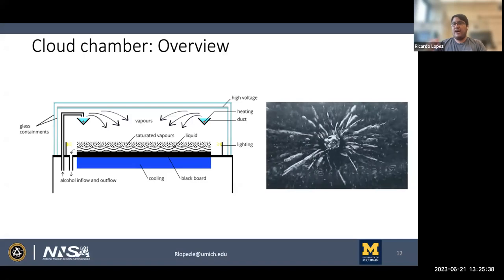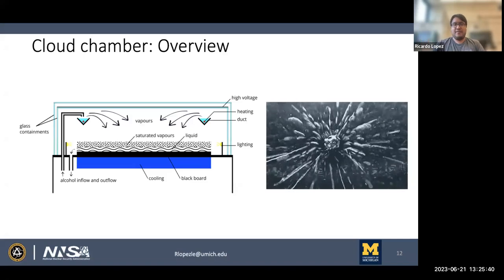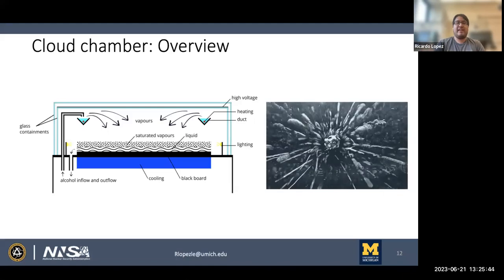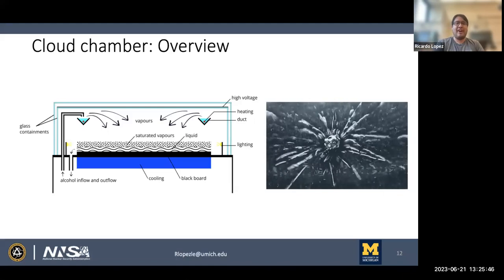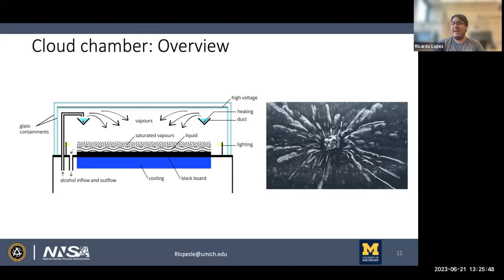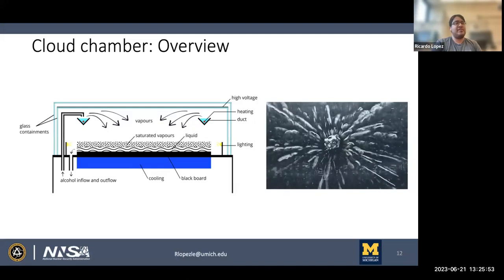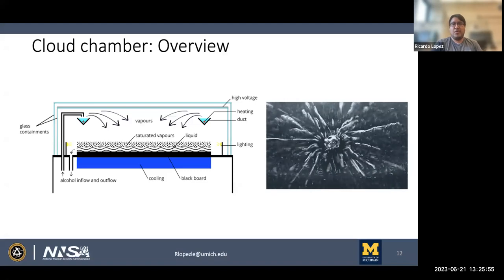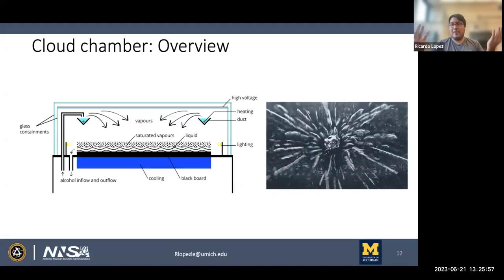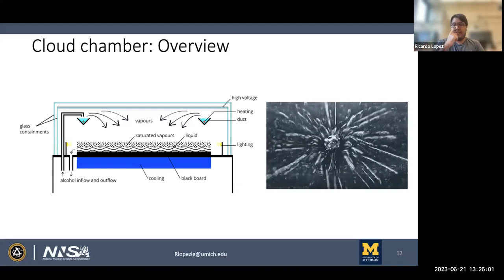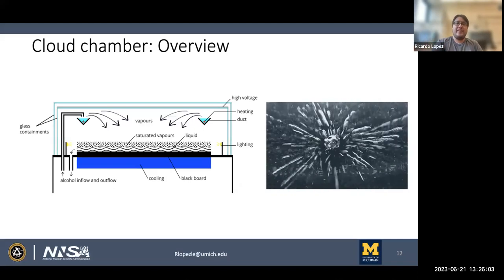And as ionizing particles travel through this super saturated environment, they ionize some of the molecules in the vapor, which end up serving as nucleation sites for very, very small droplets. And that's why you end up seeing these vapor or misty tracks over on the right.